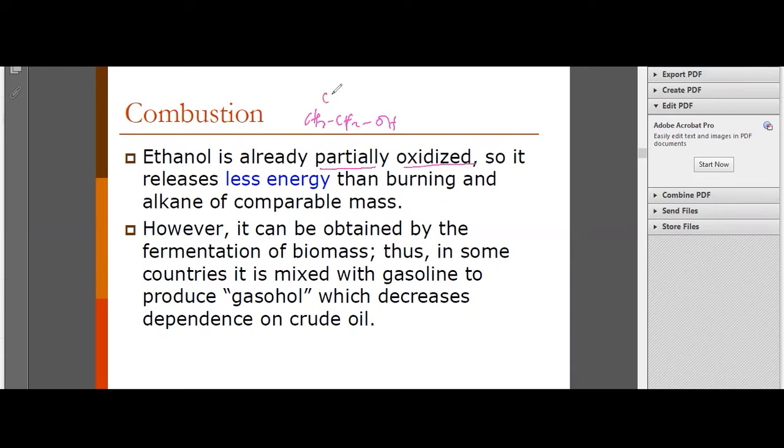If you compare with ethane, for example, the combustion of ethanol will produce less energy than burning an alkane of comparable size, since ethanol is already partially oxidized, so it's just the next step to fully oxidized. An alkane does not have oxygen atoms at all, so this compound will give more energy.